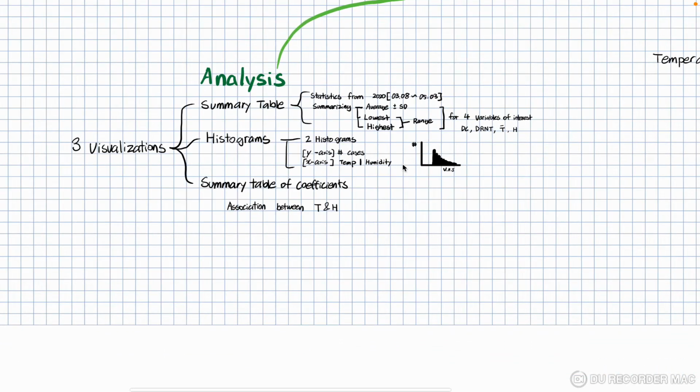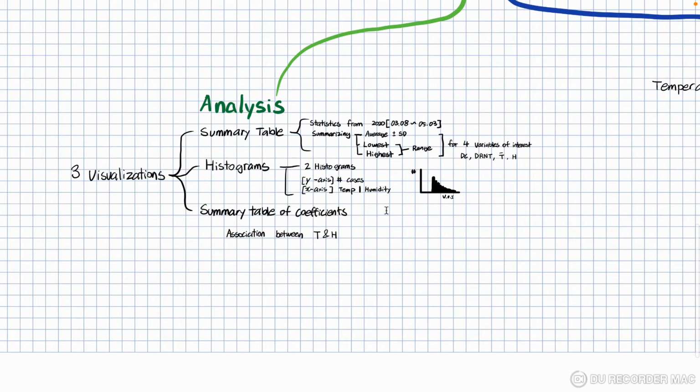For histograms, there are 2 histograms faceted vertically, visualizing the distribution between number of cases on the y-axis and temperature on the x-axis, or humidity. Both the histograms show a right skew, and this could possibly be explained by the negative correlation between the number of COVID cases with respect to temperature and humidity.